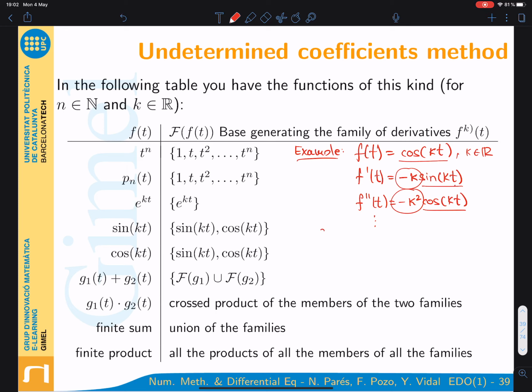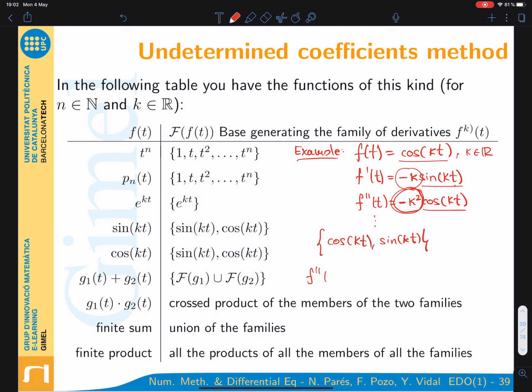So I can use a finite family of functions given by the cosine and the sine of kt. And just by doing linear combinations of these two functions, I can write any of the infinite derivatives that we have here, because I can just use this as the constant to make the linear combination.